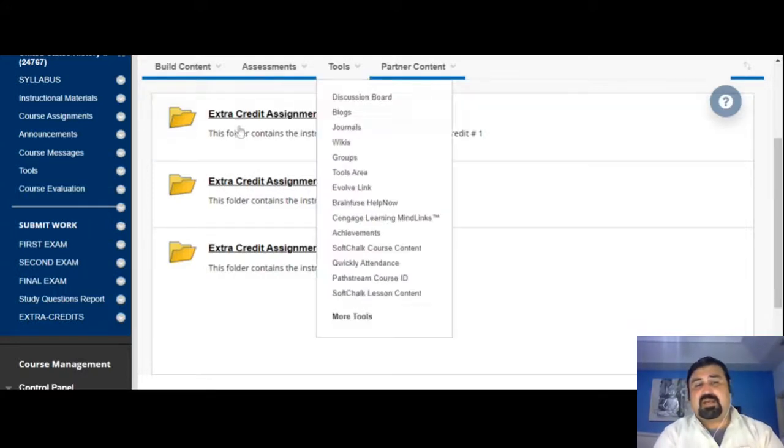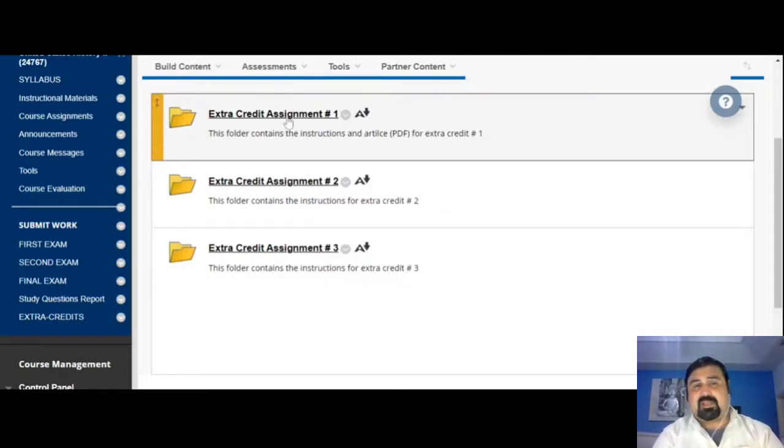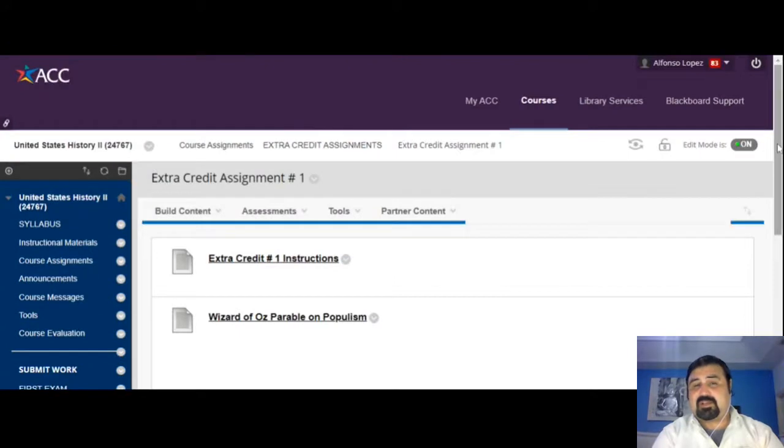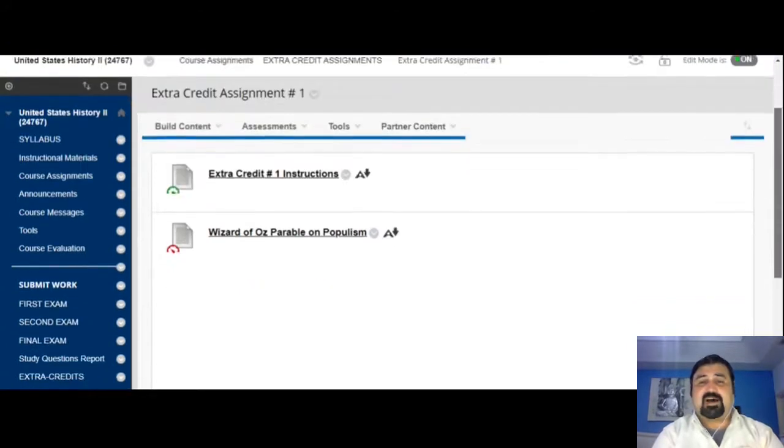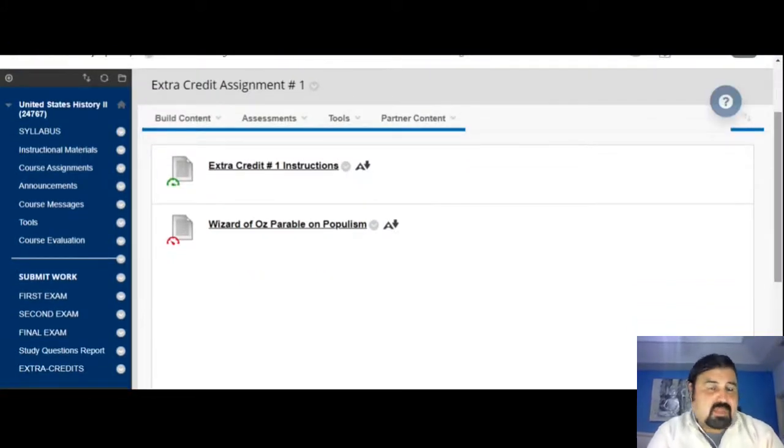and it's going to present to you, for example, when I click on extra credit assignment number 1, you're going to find 2 files, the instructions, and also the article that you need to read to answer the questions. It's very simple. The extra credit assignment is just read this article, like on the Wizard of Oz. There's an article that was written on the Wizard of Oz that talks about the politics in the United States, pretty much.